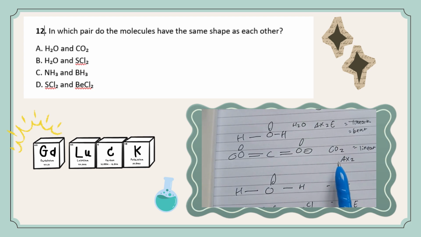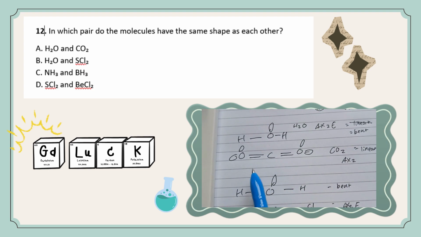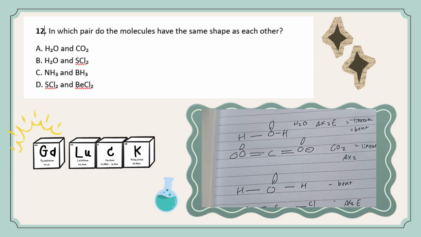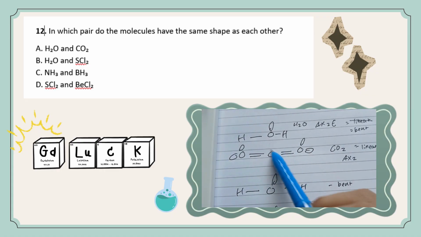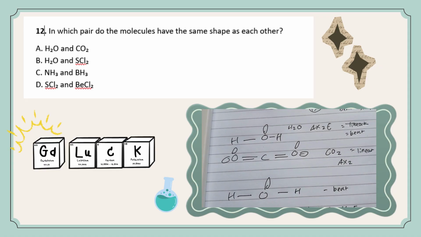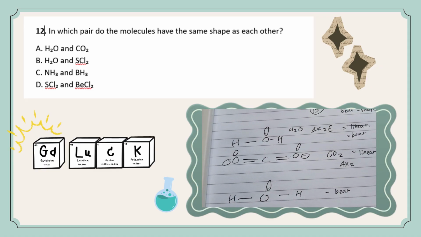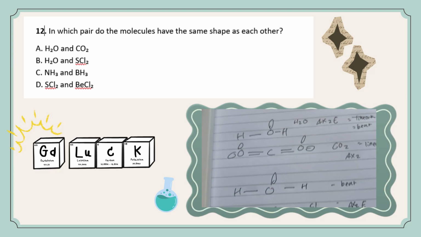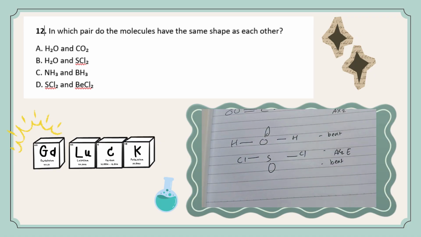And carbon dioxide only has 2 bonding pairs, AX2, and there is no lone pair on the central atom. So this means it has linear shape, and bent and linear are not the same shape, so option A is wrong. Let's go to option B.